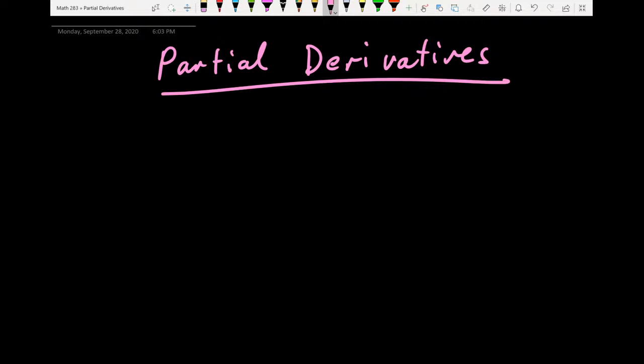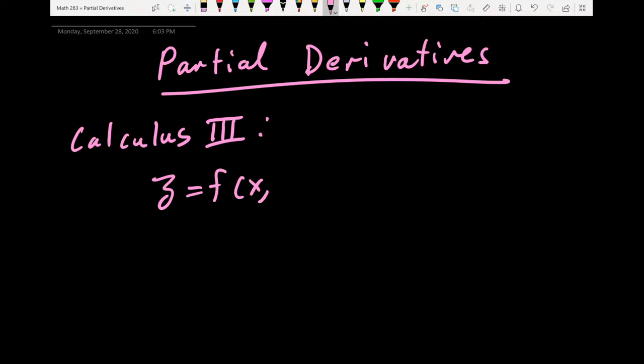All right. So we're gonna look at a partial derivative in calculus 3. We have z equal f of x y. The graph is the surface, right?